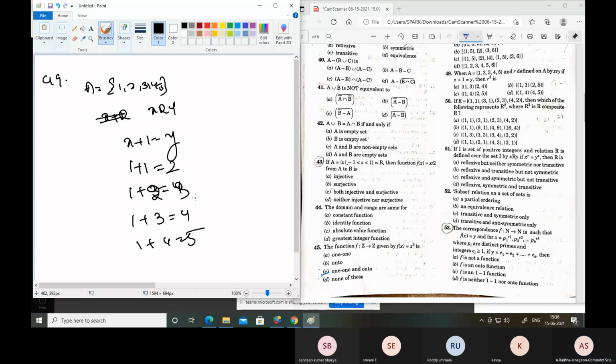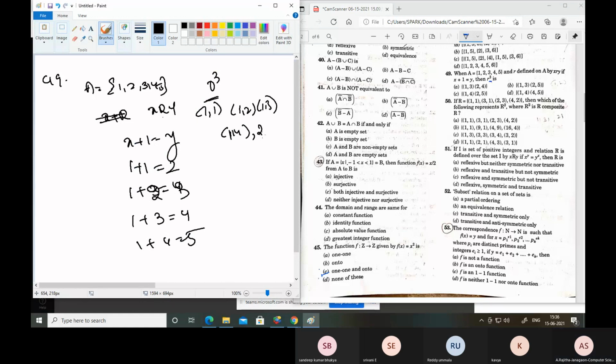Now x plus 1. So this is completed. R3, that means here 3. First time: 1 1, 1 2, 1 3, 1 4.